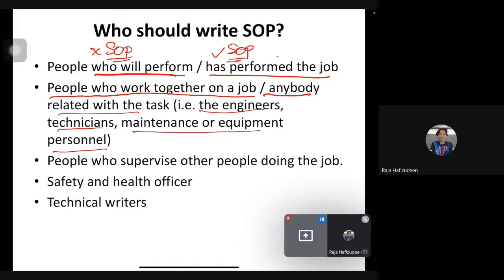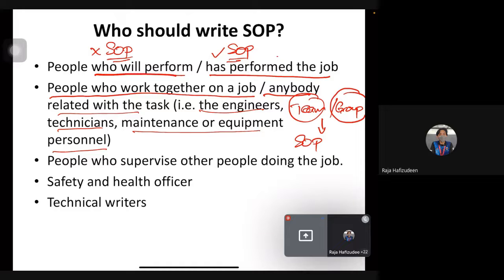So of course, when you start working in any institution, you're going to work in a group or team. Then you're going to use the SOP so that everyone in the team or group can perform the task.